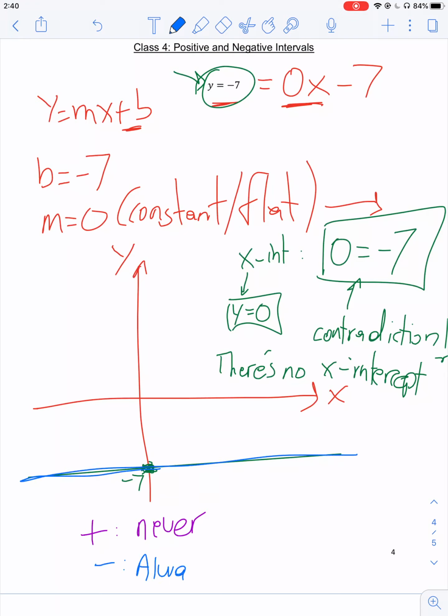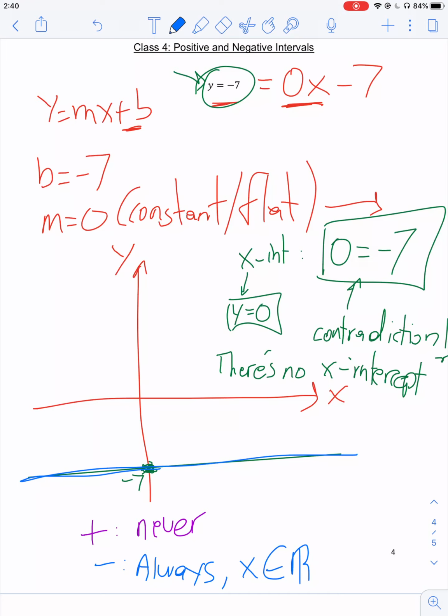Now, in math, always and never have a special notation. If you put always and never on a quiz or on a test, I'm going to accept it, but I just want to point this out. Always basically means when x belongs to the real numbers. That means for any given number, pi, 0, 1, whatever x is.